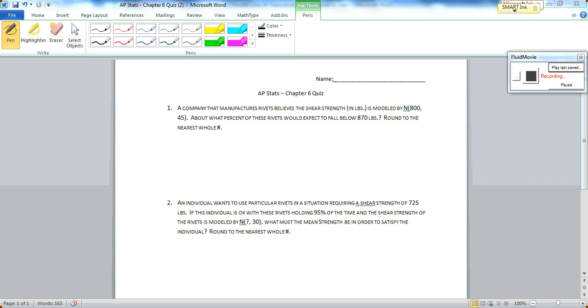So when we look at that on the normal curve, what we're saying is that we know that the mean is 800. We have 870 pounds. We want to know what percent of the rivets manufactured fall below this weight.